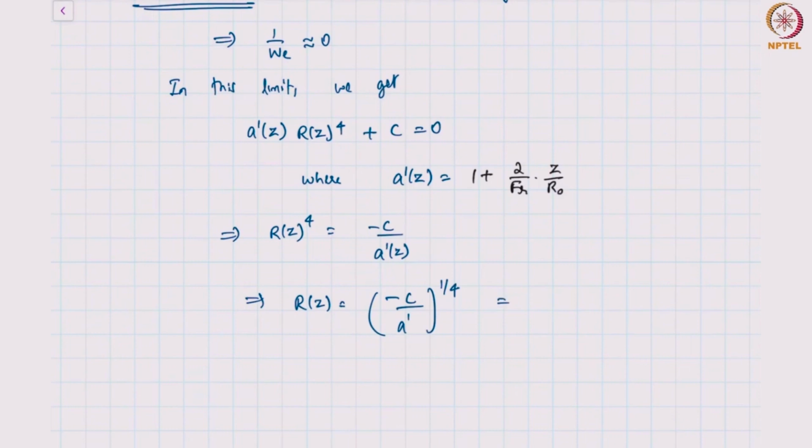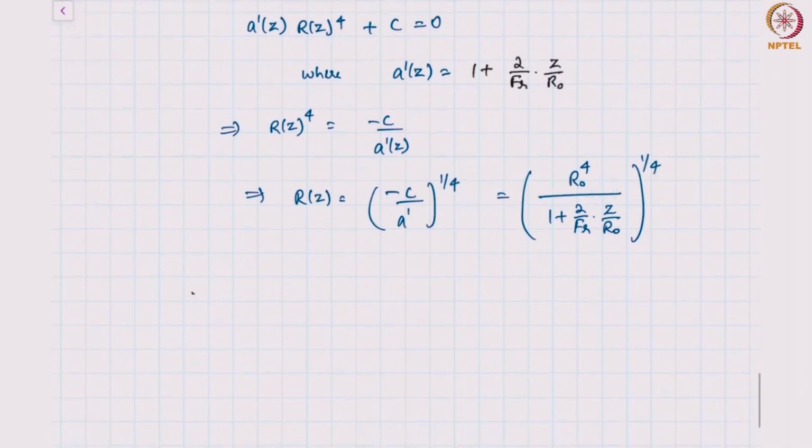C would be minus r naught power 4, so minus c becomes plus r naught power 4, and the denominator is 1 plus 2 by Froude number z by r naught, power 1 by 4. And now I have r of z by r naught is approximately 1 plus 2 by Froude number z by r naught power minus 1 by 4.